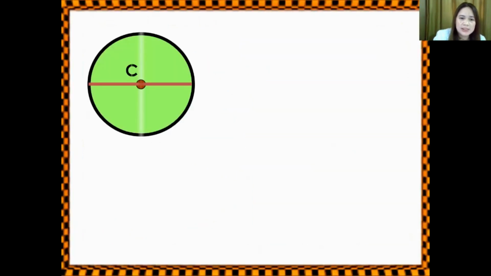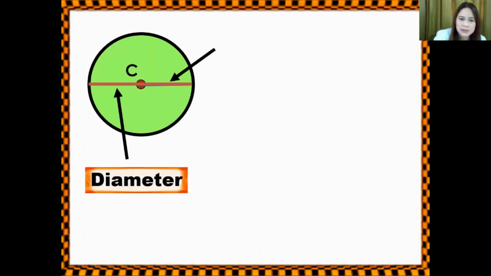What is the relationship between radius and diameter? The longest chord, the longest segment that you can see, is called the diameter, from one point to the other that passes through the center, and half of that is what we call the radius. From the center to any point on the circumference of the circle, we call it the radius.